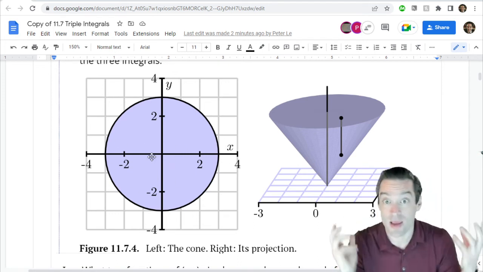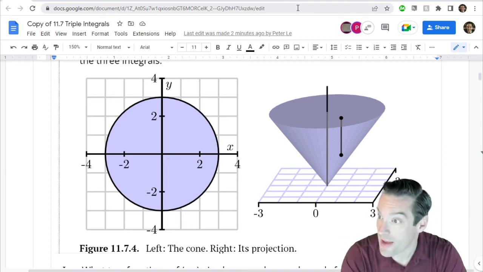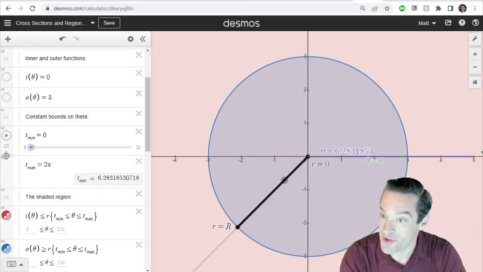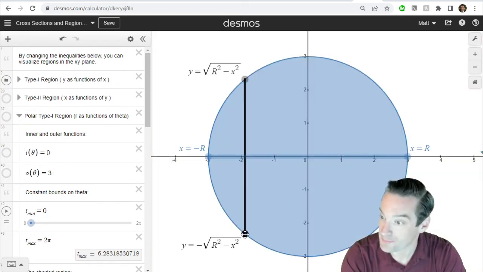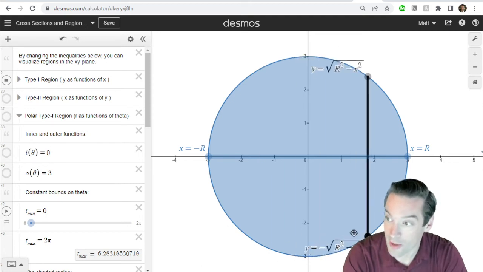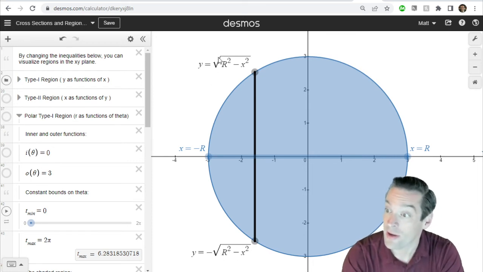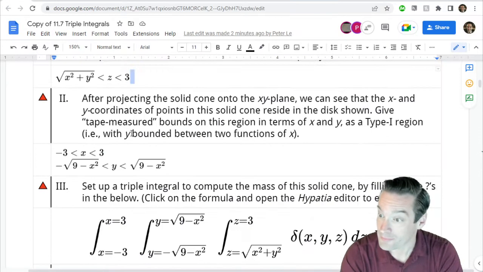So then we have to tape measure that disk in the xy plane, which if we choose to do that as a type 1 region, we will end up getting exactly the same tape measurement as we got a little earlier today when we were tape measuring circles, disks of radius r. Here the role of r would be played by 3, and so the type 1 description would be y equals minus the square root of 9 minus x squared to y equals positive the square root of 9 minus x squared.